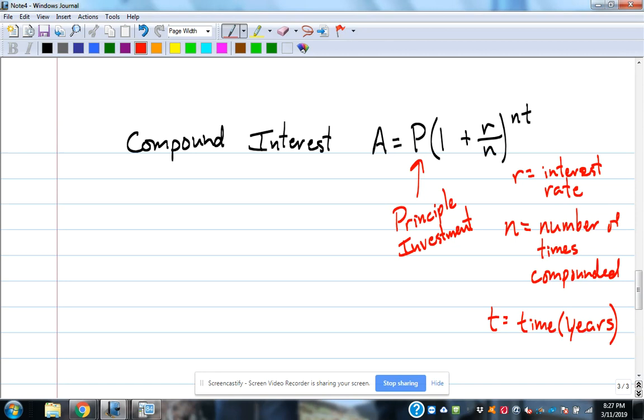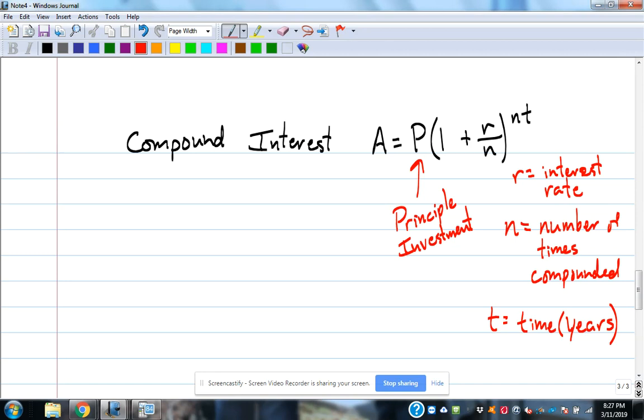So like your normal savings account is a quarterly account, which means it compounds 4 times a year, once every quarter, every 3 months. Some savings accounts or funds will compound interest monthly. It's kind of hard to find a local bank that'll do that, but some of the national banks that you can do online will do monthly.